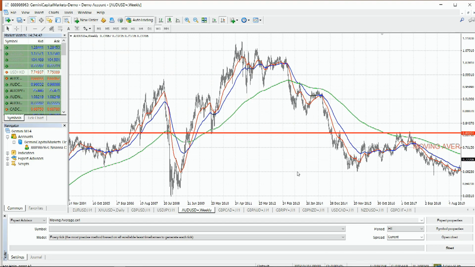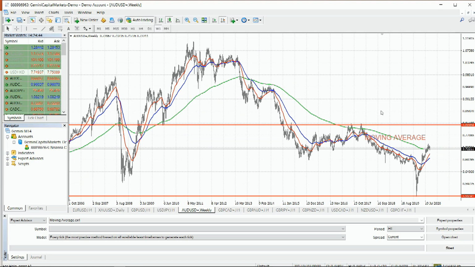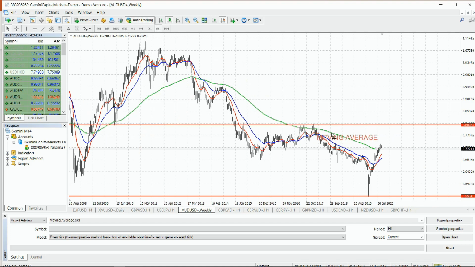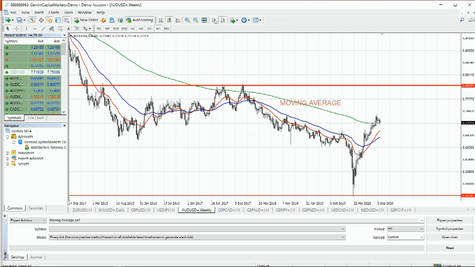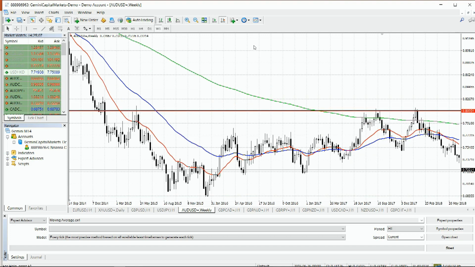On the weekly time frame, I can see that the market is bearish, meaning it has been staying below the 200 period moving average for a while. But now notice that the market is just crossing above, or at least trading almost at the 200 period moving average.